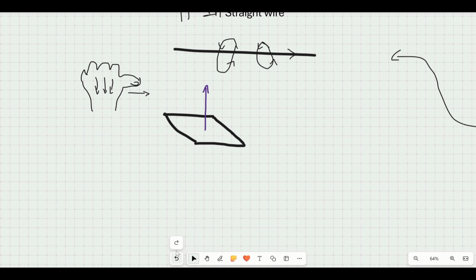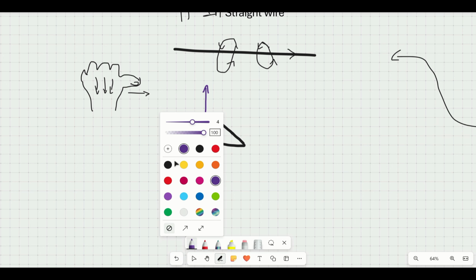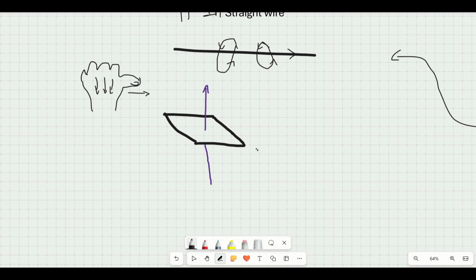Now if we place iron filings, you know what iron filings are? In the industrial places, when iron is cut, some pieces, some threads of iron are left, and those are iron filings.